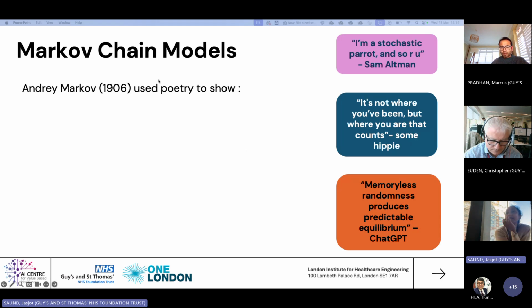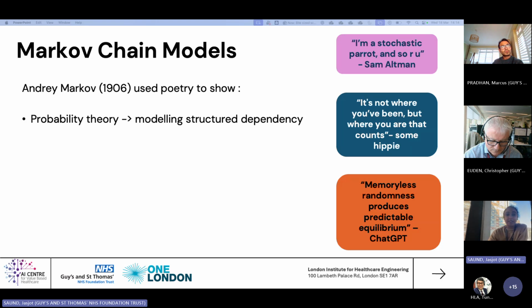So Andrey Markov is the guy who essentially came up with this a while ago, and his data set was poetry. He used the letters in poetry as a really big piece of data in order to study probability theory. At that time, probability theory was just applied to independent data sets.